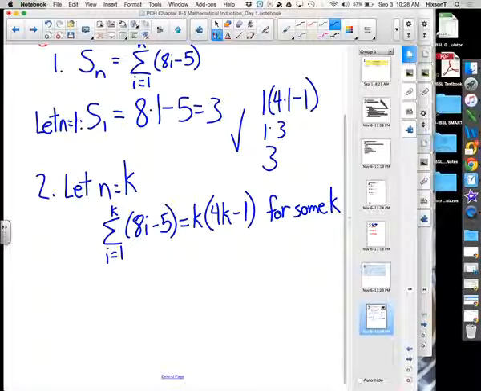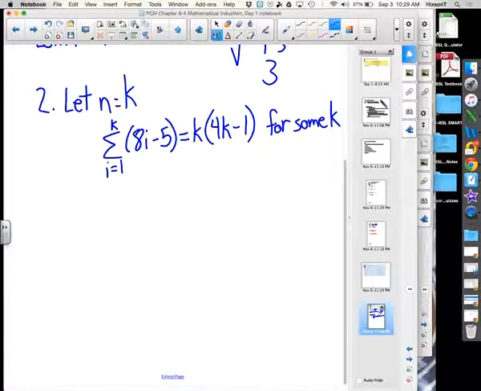So now we have step 3. What are we doing for step 3? Prove it works for k plus 1. Good. So we're going to let n equal k plus 1. On this step you'll see it done slightly differently.